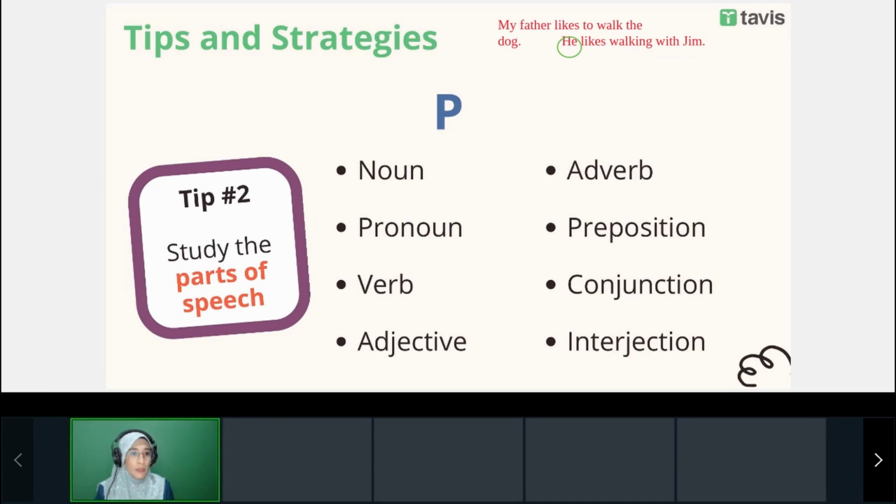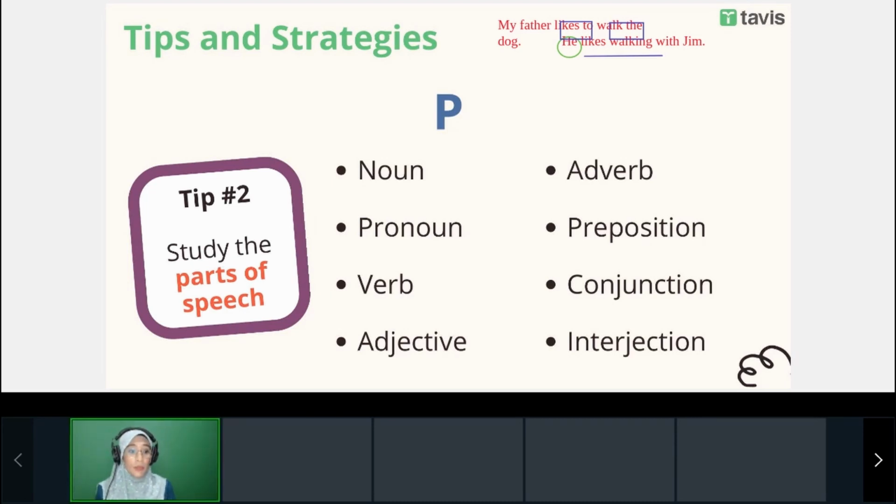Let me just put that like that. So my father likes to walk the dog. Any other verb that you can see here? How about this one? Walk. Is this a verb? Yes, it is a verb. How about this one? Likes walking.